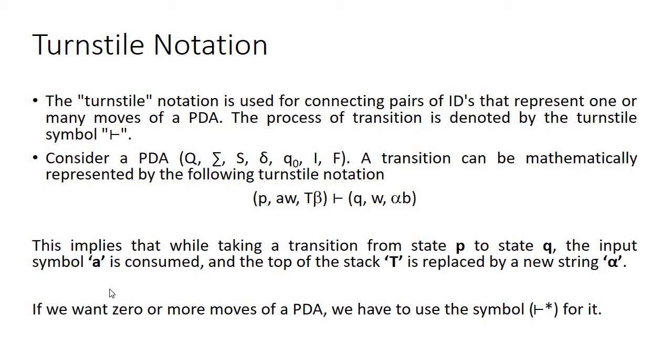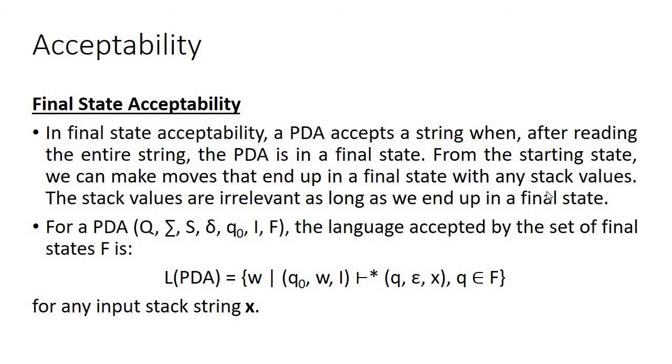If we want zero or more moves of PDA, we can use the Kleene closure, that is star over the turnstile notation, if we want to attempt multiple IDs or multiple transitions. Acceptability of PDA: there are two ways of acceptability of any PDA. The very first is final state acceptability.